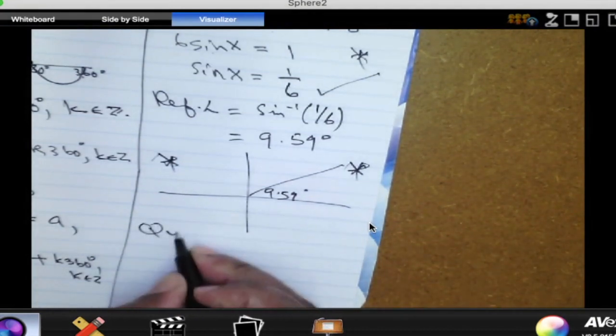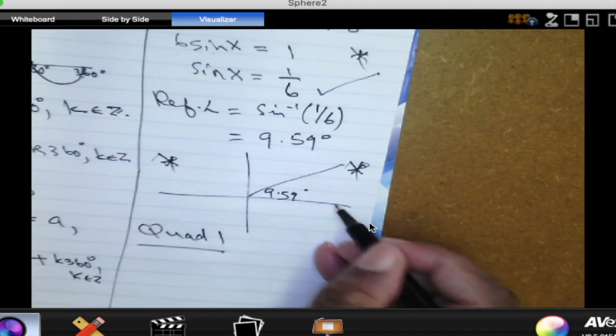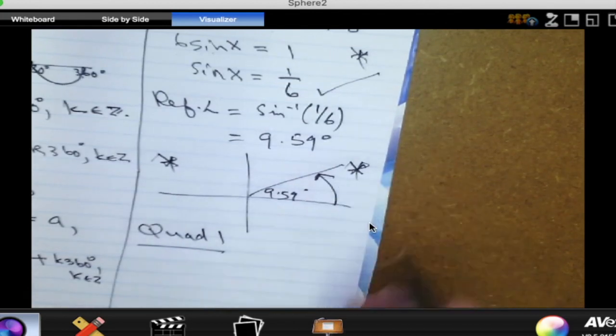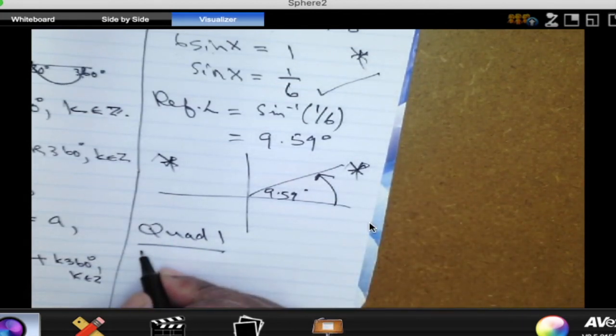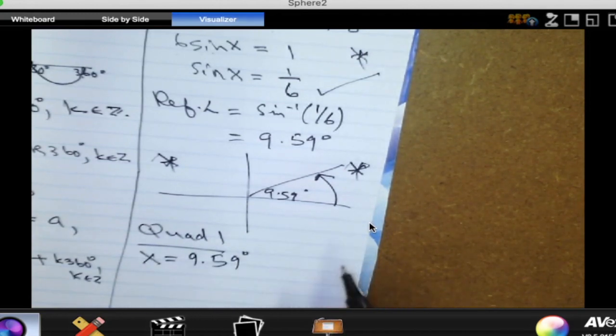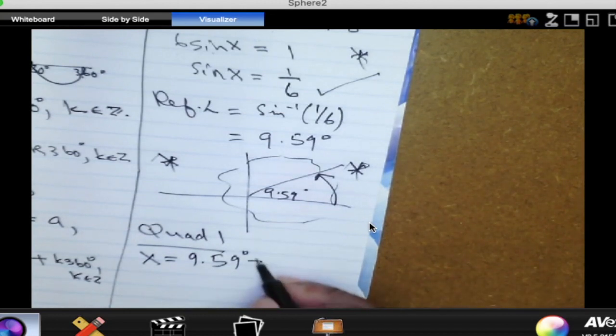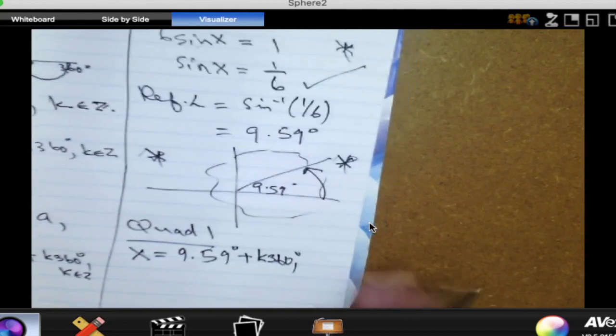Right. Now let's start from quad 1. So from quad 1, we're measuring from 0 degrees. How many degrees is that? So that means x is equal to 9.59 degrees. But we can add many more revolutions, right? So it's plus k, 360 degrees, where k is an element of the integers, all right. That is quadrant 1.